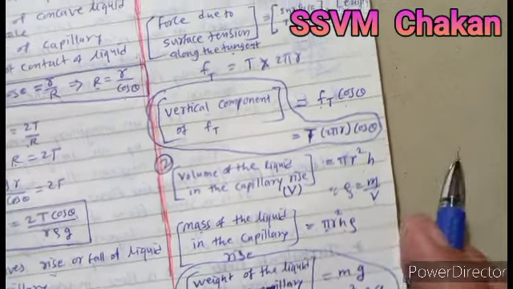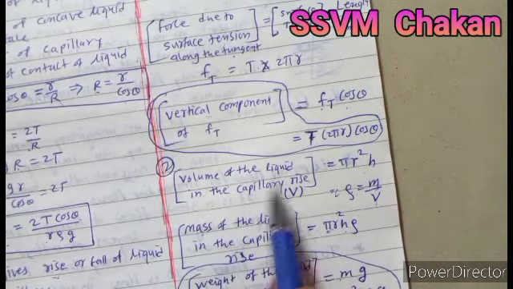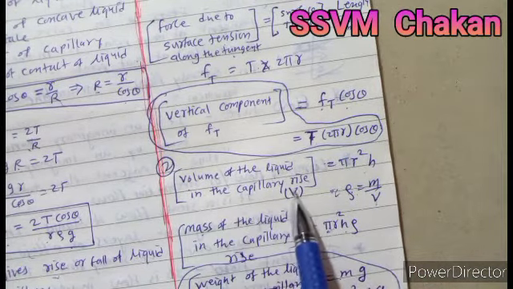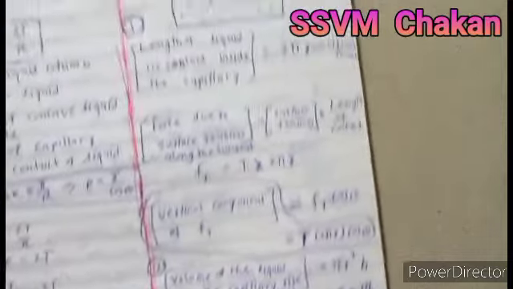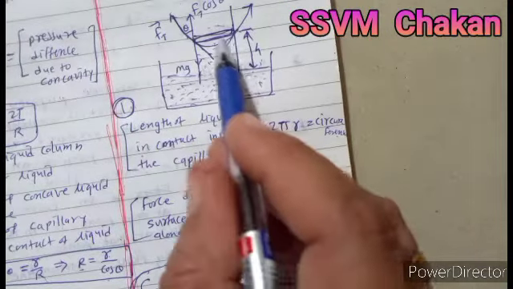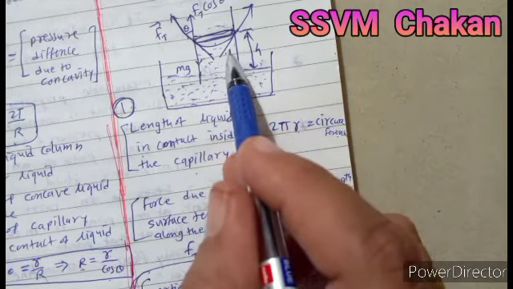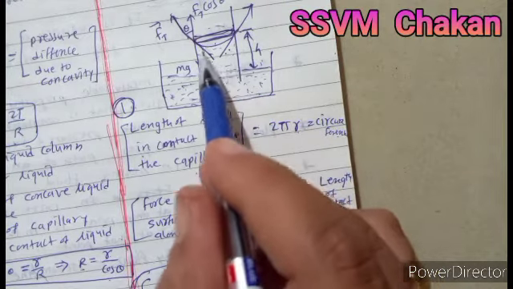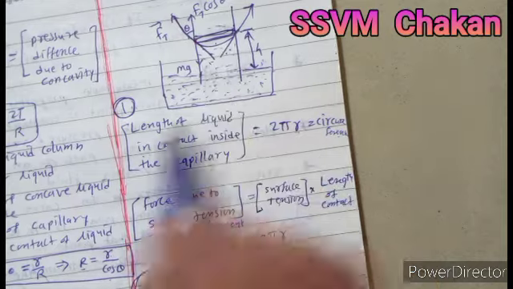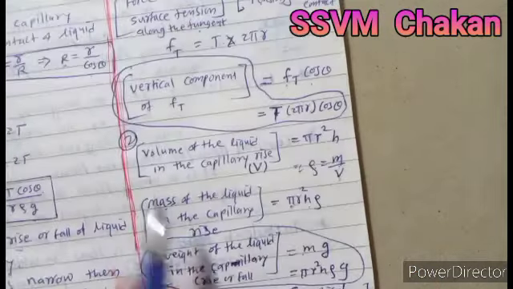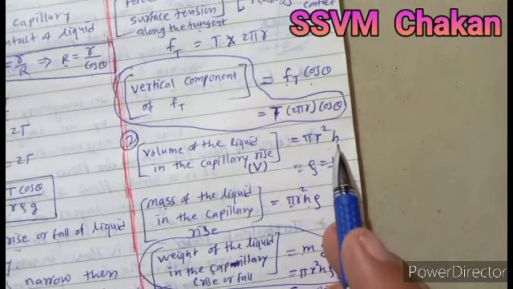Now the second part of it: we consider the volume of liquid in the capillary rise. So this is the liquid. We calculate the volume of this liquid present in the capillary. It is cylindrical in shape, so the volume of a cylinder is pi r square h.